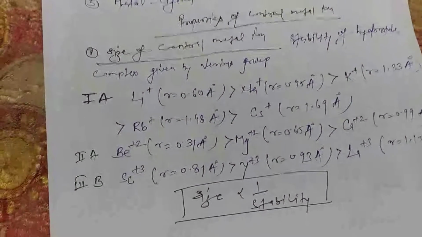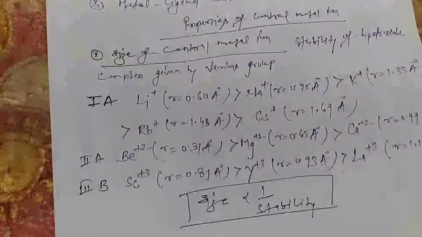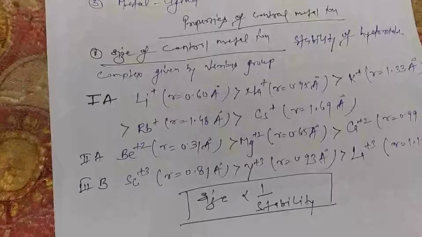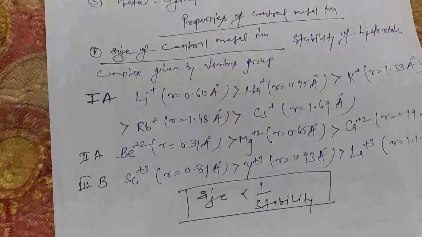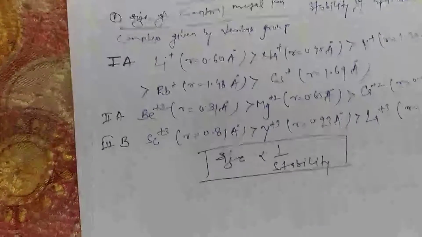Now the inverse relationship between the size of the central metal ion and the stability of the complex formed, we can easily explain with another example.